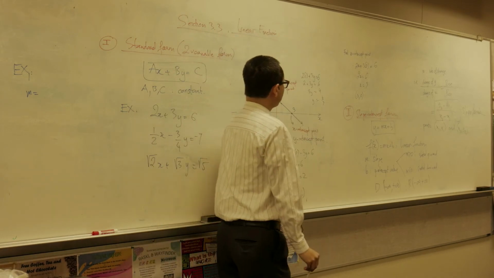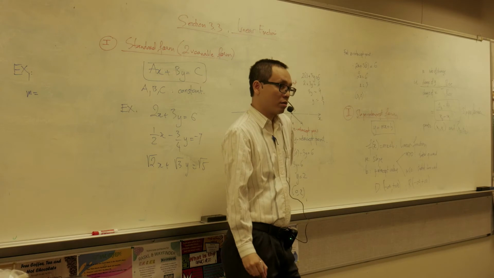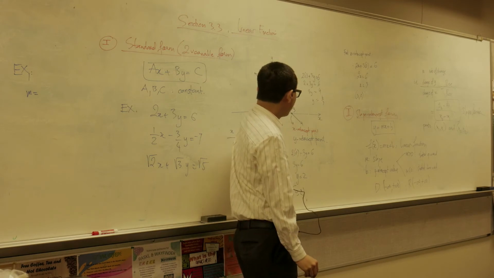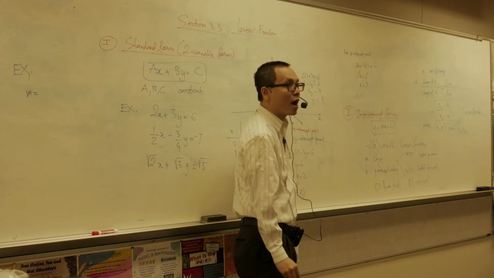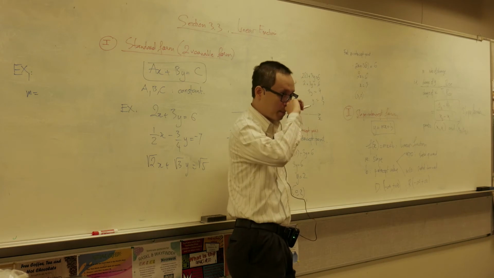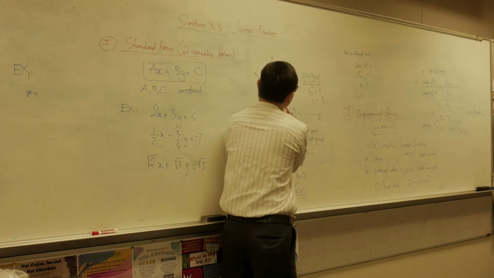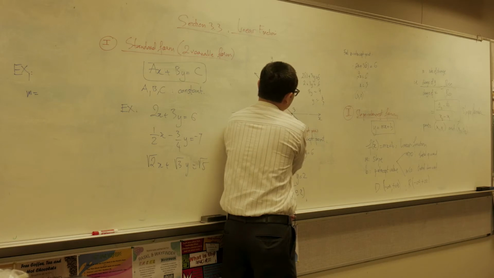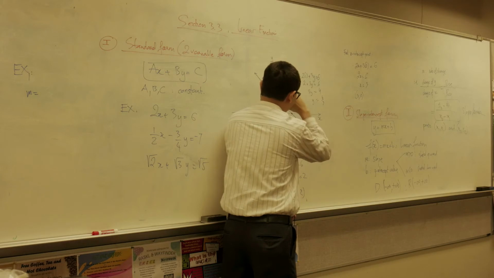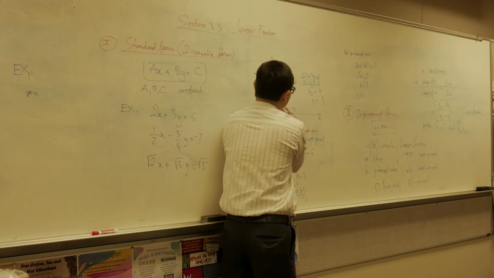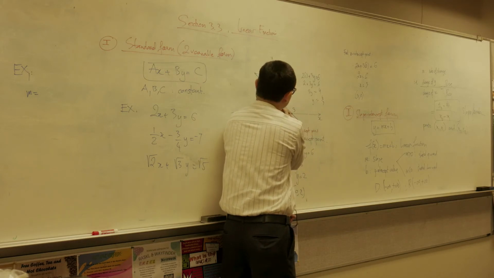In order to use the rise over run method, you always start from the y-intercept point. So over here you have to start over here, and you want to go to this point, which is the x-intercept point. Let's see how many units you go down.